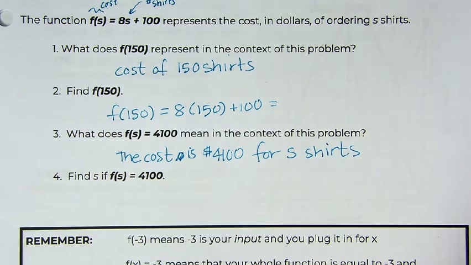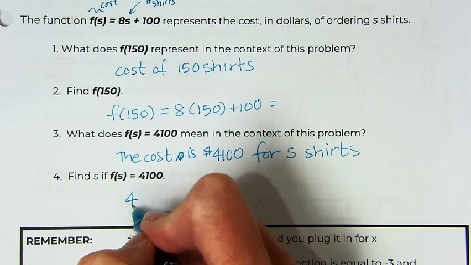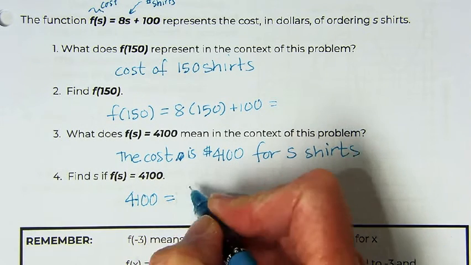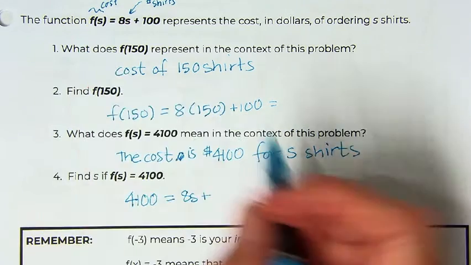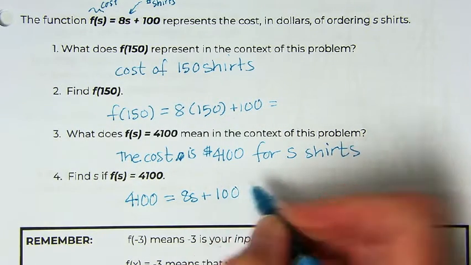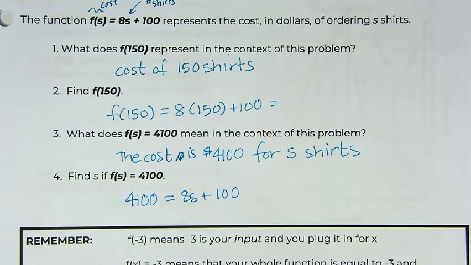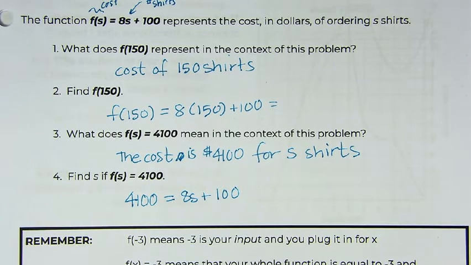S is always a bad letter to use. It looks like a 5. Or how many shirts could I make for $4,100? And if I were solving this one, I would substitute the 4,100 in for the whole output and solve. It looks like I would subtract 100 and divide by 8. So you guys can do that on your own.